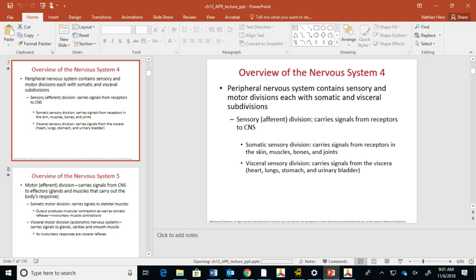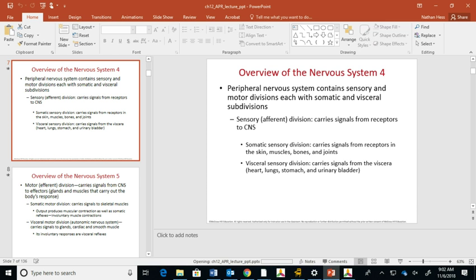Versus the somatic sensory division, which deals with the signals from all the places we've talked about so far: the skin, the bones, the muscles, the joints. Basically, that's all we've talked about as far as systems in the body. Does that make sense? So somatic is the stuff we've already talked about, and visceral is the stuff that we haven't talked about yet.